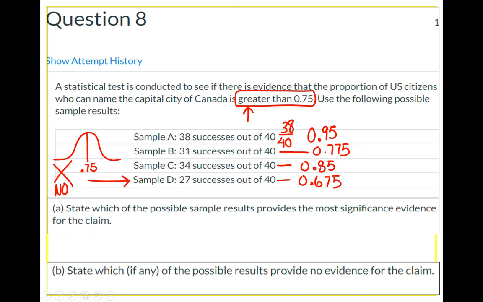So 0.75, if I look, this one's a little bit away, this one's a little bit further away, this one is really further away, and this one's the wrong direction. So the one I want is sample A. State which, if any, of these possibilities results in no evidence. Well, I already made that statement, and it's D, because it went the wrong direction.